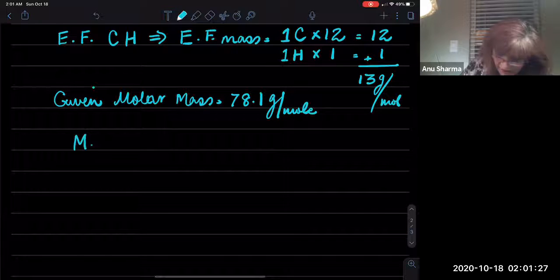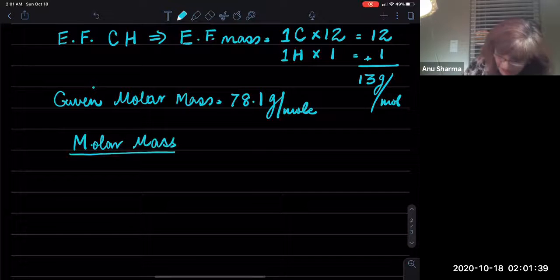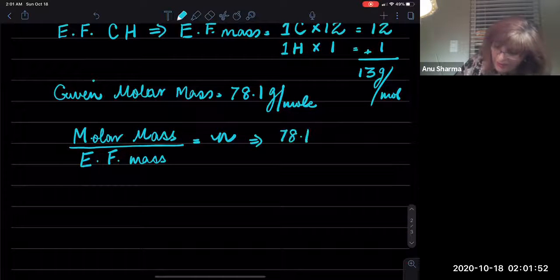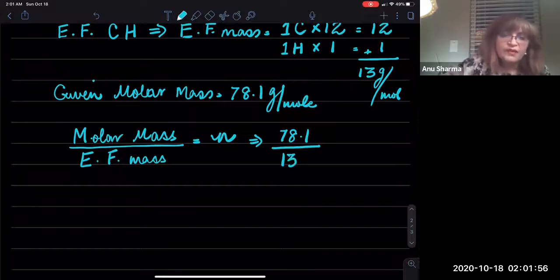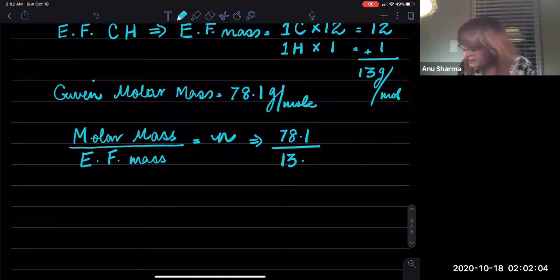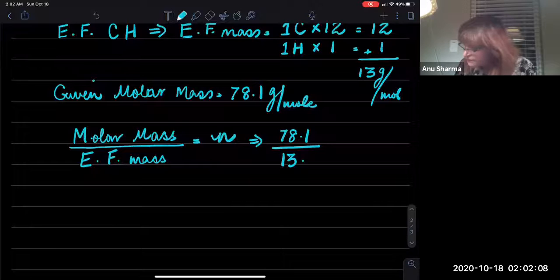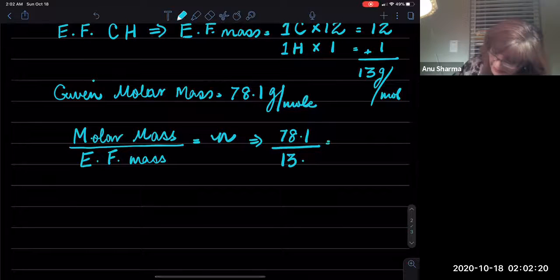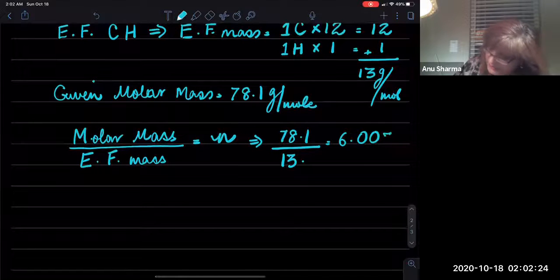So what will you do? You take the molar mass, or the molecular formula mass, and divide that by the empirical formula mass, and that gives you the value of N. So you have 78.1 divided by 13, and that gives you 6.007 and so forth.